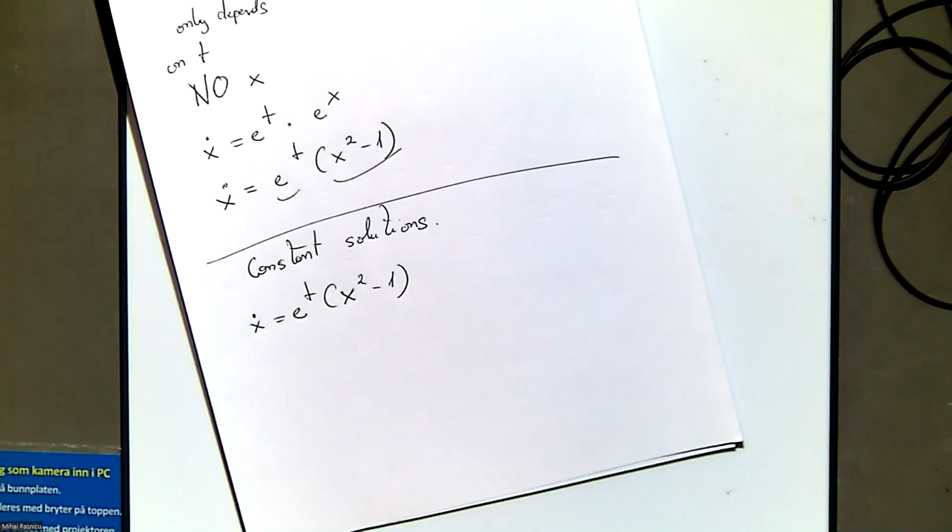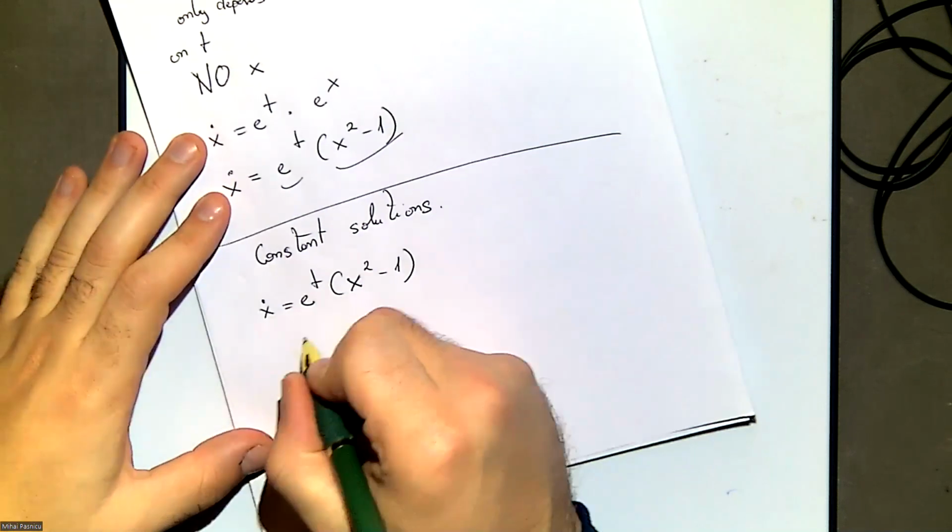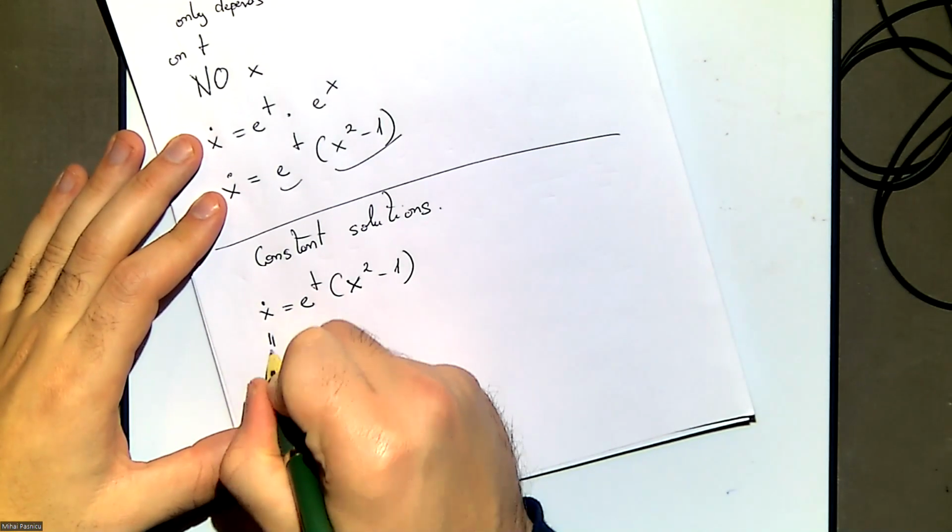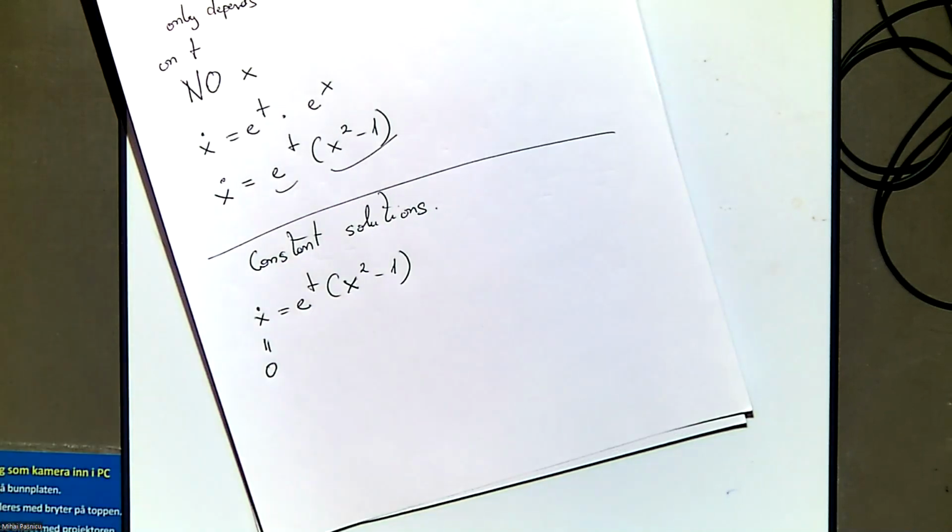Let me ask you this: if x is a constant, what's the left side of the equation? What's x dot? If x is a constant, if x is 5, what's x dot? Yes, exactly. So if the solution is constant, it means this is 0.